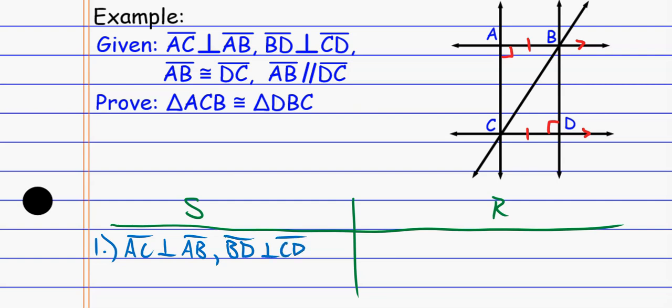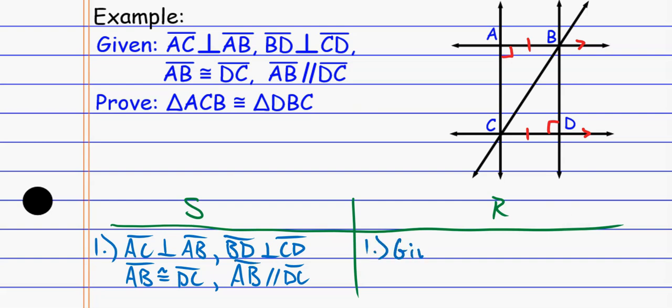I always just prefer to get it out of the way. Oops, that was congruent. I can't even copy the given down right. Oh man, there's not much hope for me. Okay, there we go. So that's all the stuff that's given.